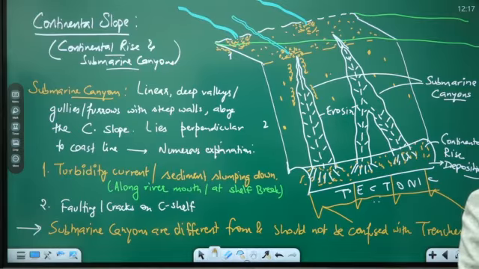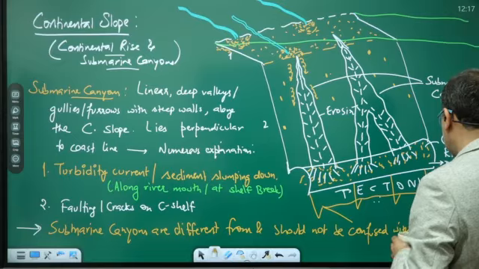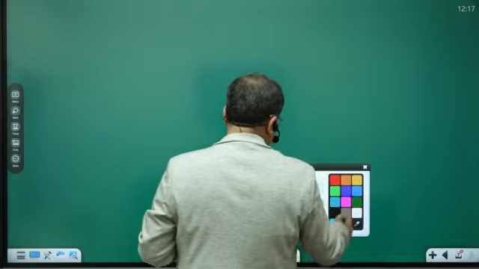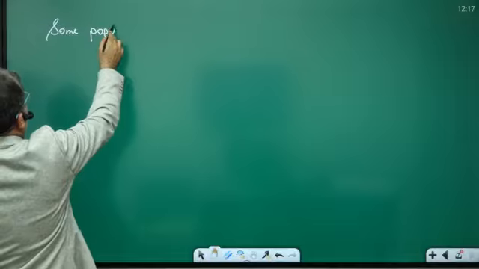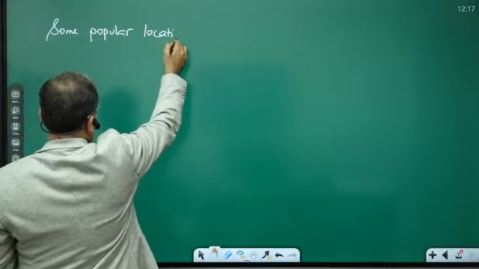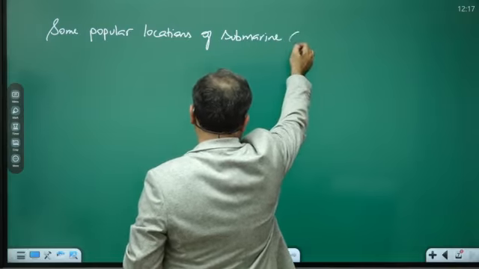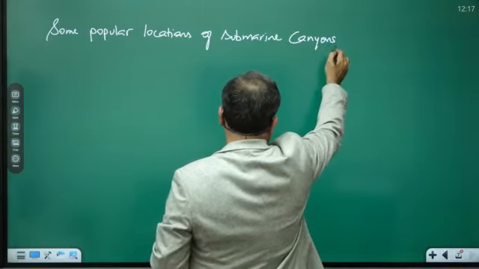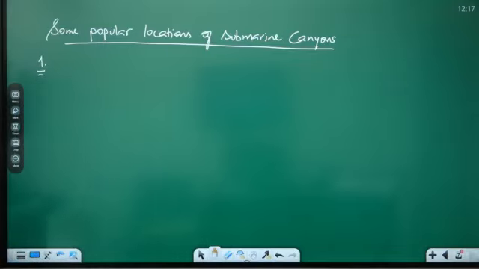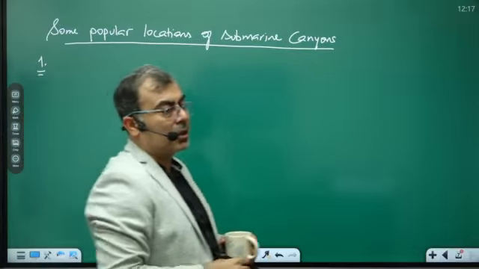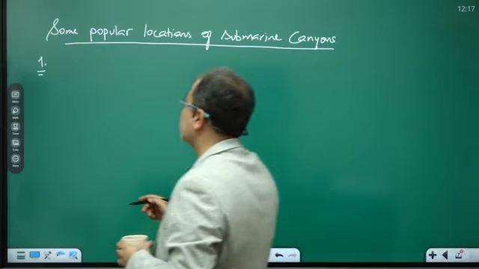And since the question has come before also, I want to tell you some popular locations of submarine canyons. Trenches you already know, but when we are talking about these submarine canyons, we must know their locations also. So along the east coast of North America, from Canada till Cape Hatteras.